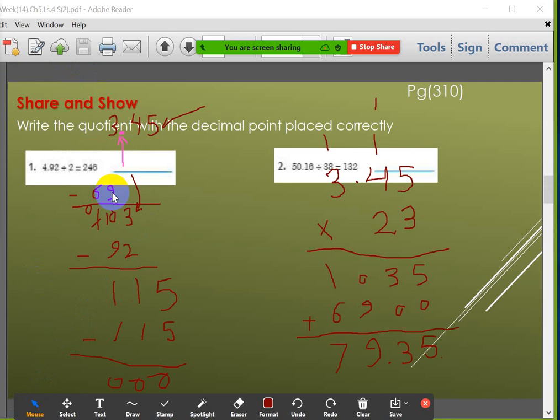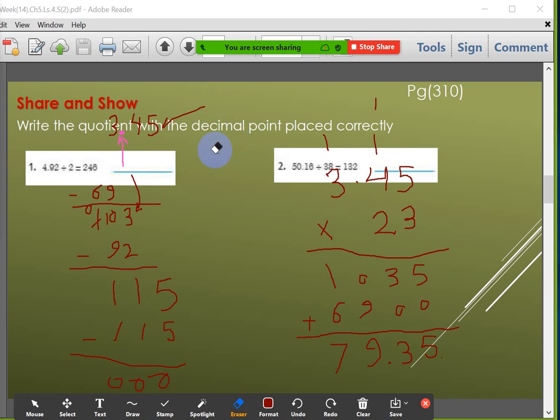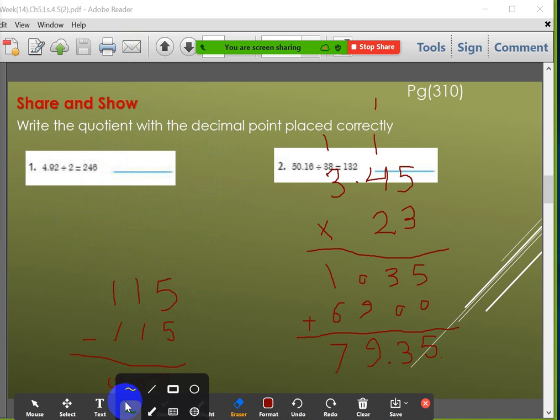Let's move now to this example. Now I want to divide 4.92 by here. I will leave those steps, girls, for you. Now look, the answer already is written, but I want to know where the decimal point will be.